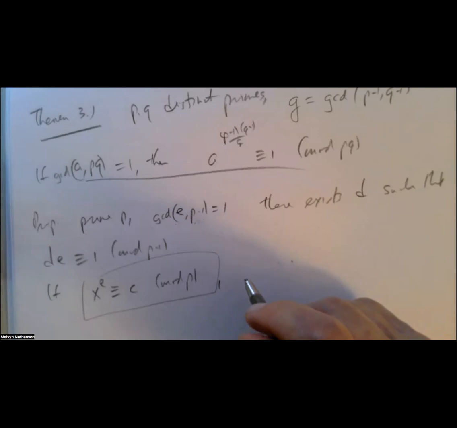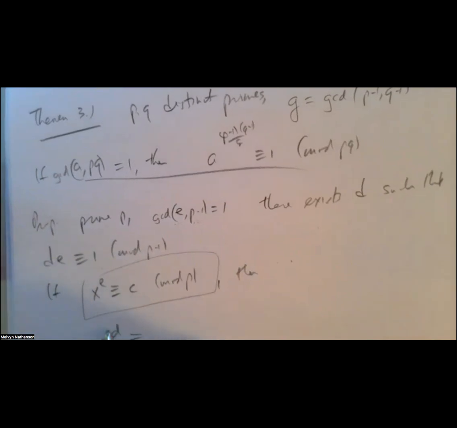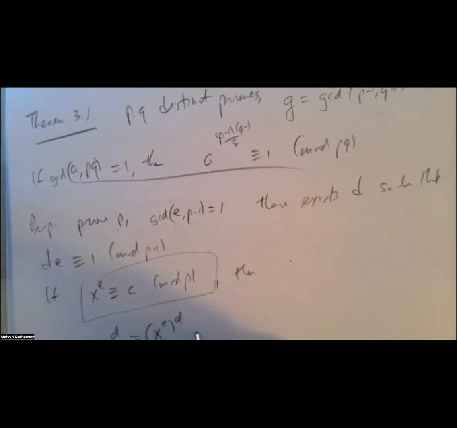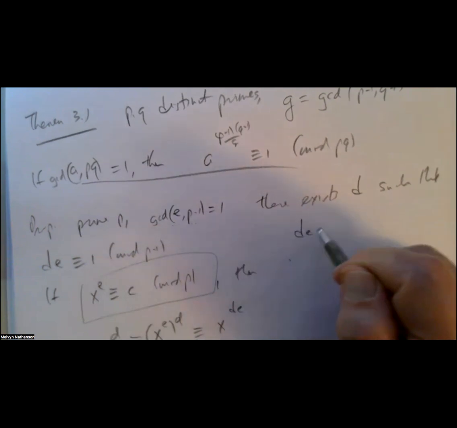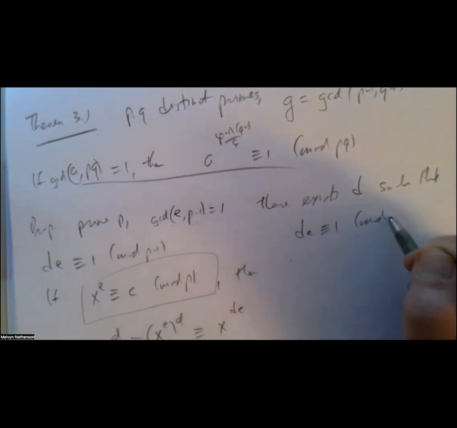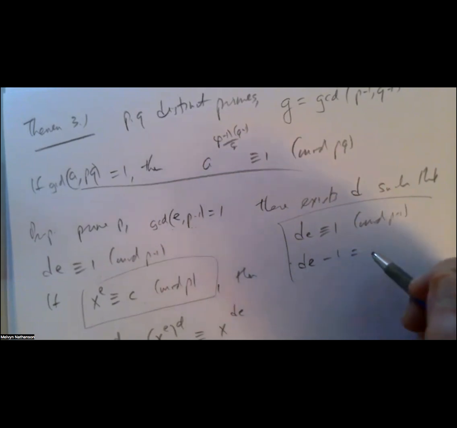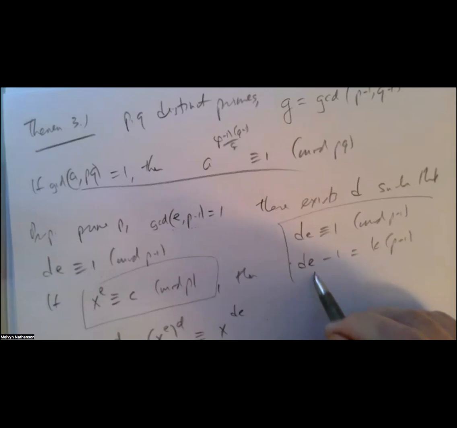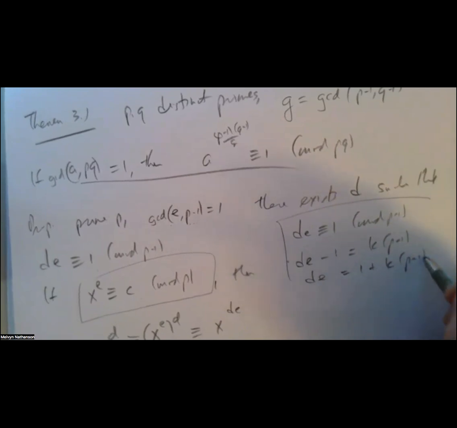if you take C to the power D, C is X to the E. That's X to the E to the power D. That's X to the D times E. If DE is congruent to 1 mod P minus 1, that means DE minus 1 is some multiple of P minus 1, where DE is 1 plus some multiple of P minus 1.